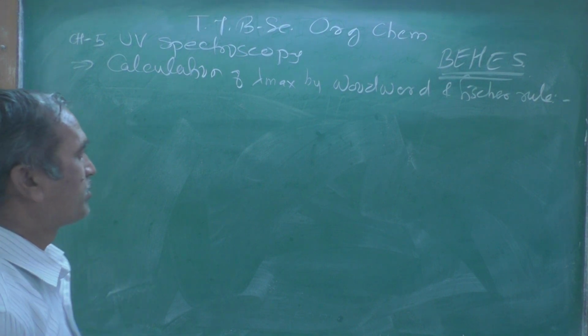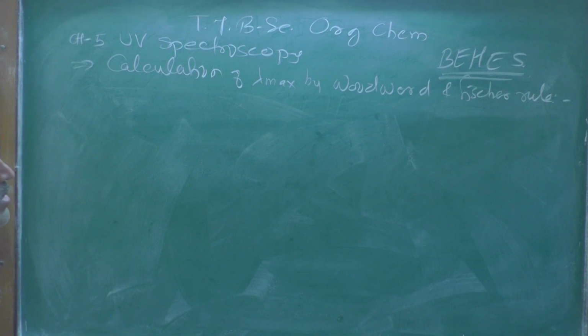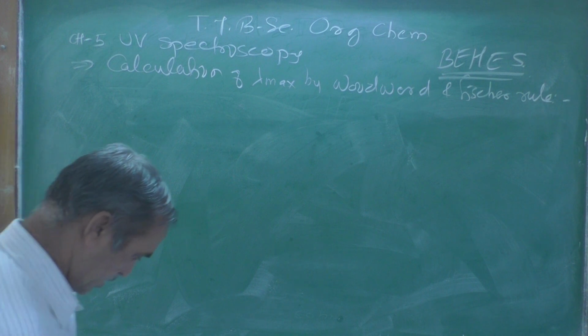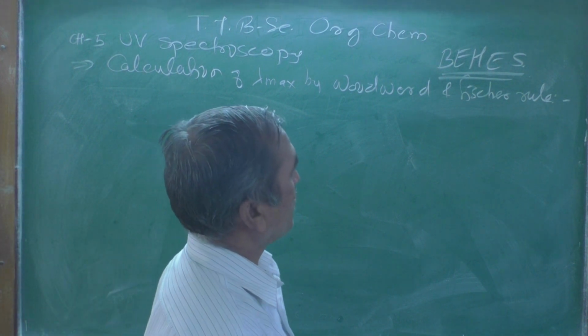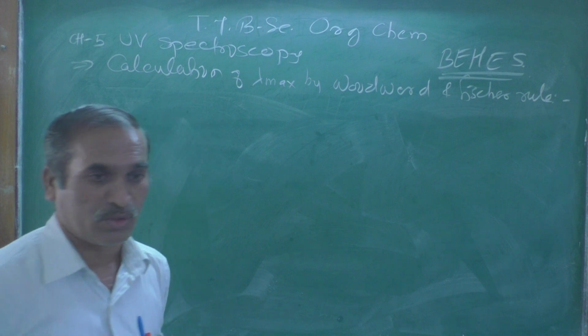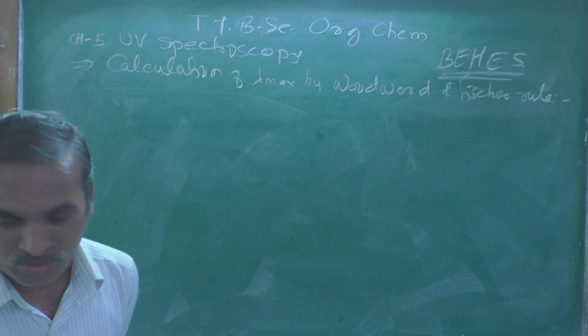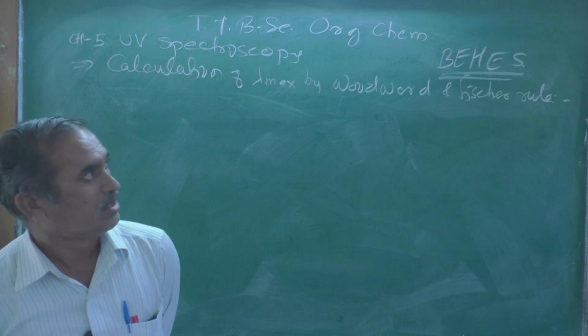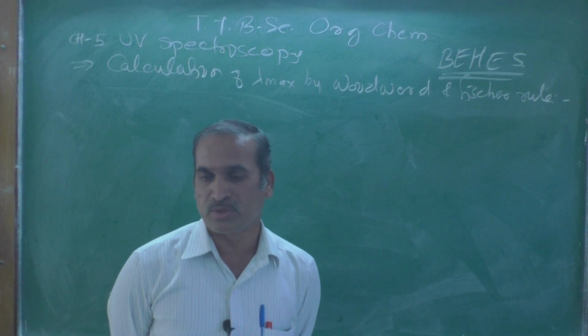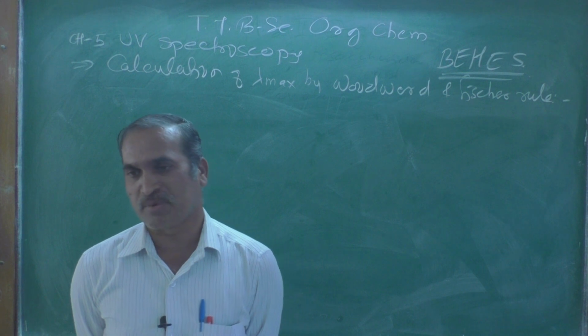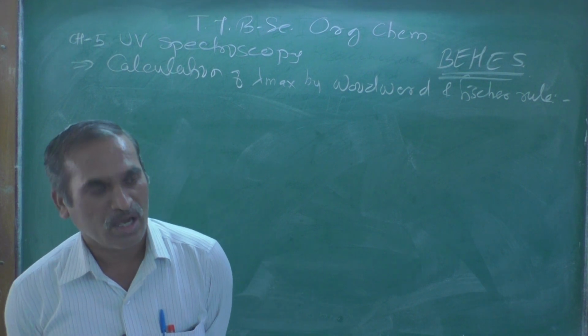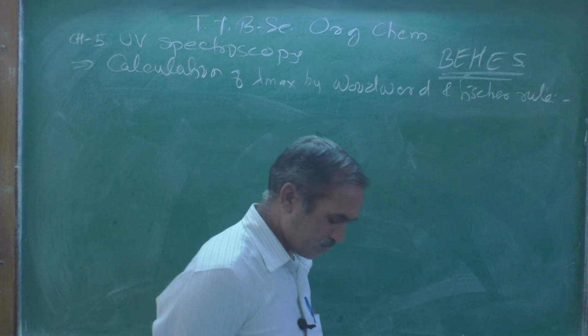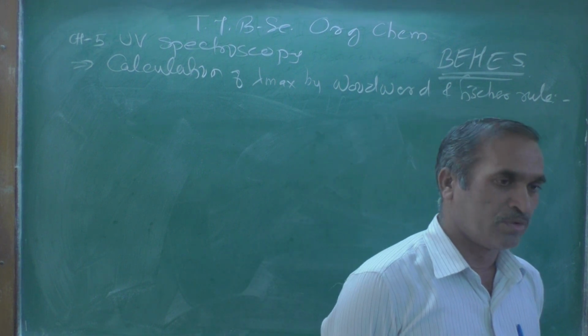Let us take an example here, because what do you mean by exocyclic, what do you mean by homoannular system, what do you mean by extended conjugation, what are the substituents, and if different types of substituents are there, how many nanometers to add.